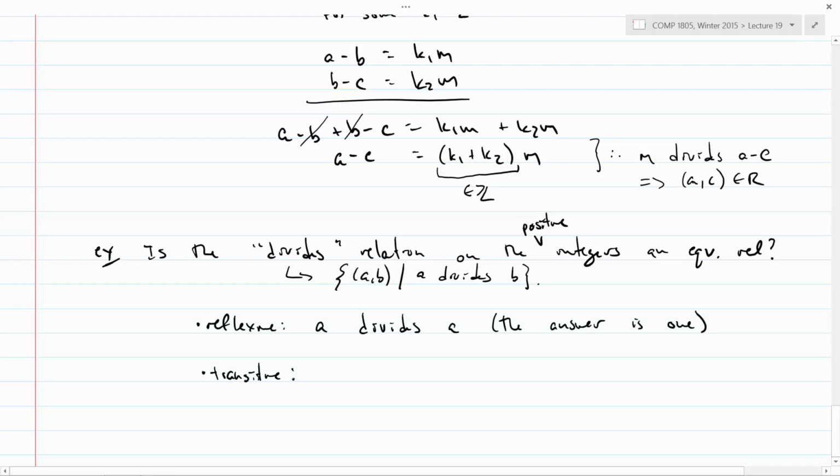So I want to know, is this relation transitive? So if A divides B, then I know that B equals K1A. And if B divides C, then C equals K2B. And K1 and K2 are integers.